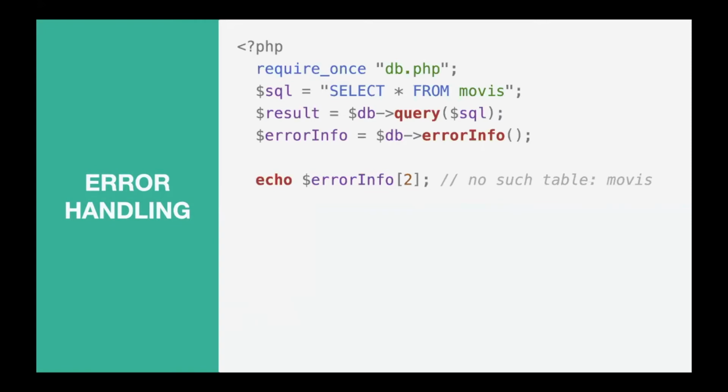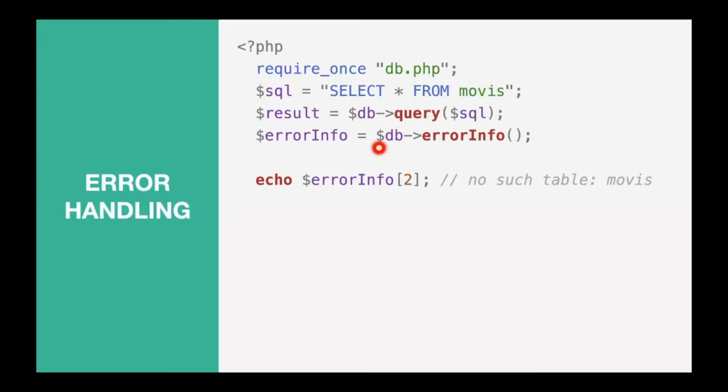All right, so in our slide, we're retrieving our database connection, and then we make an SQL query. We're doing select star from movies, and you notice we're missing an E here. This is a misspelling of the table name, and we might not notice that. So we'll do our result query, and then we have this errorInfo. We're testing to see if, after we executed this query, there were any errors.